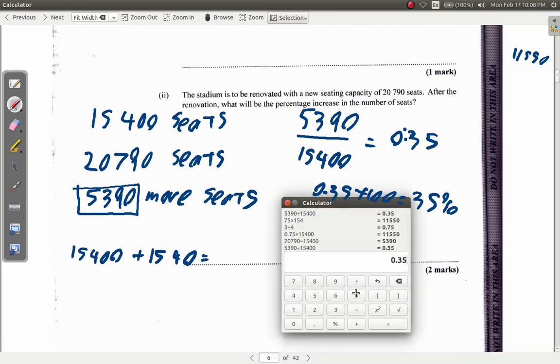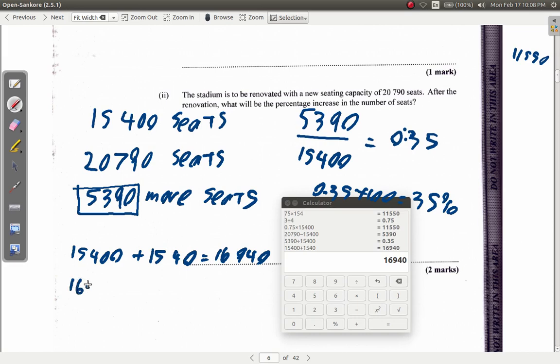If they had said it increased to 16,940, when you subtract the 15,400 from the 16,940, you would get 1,540.